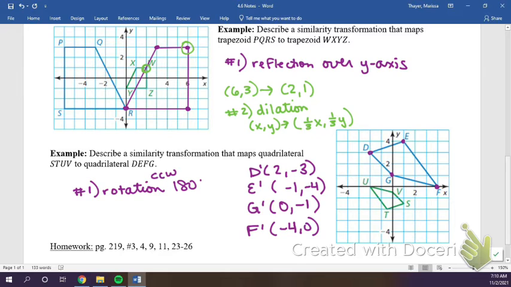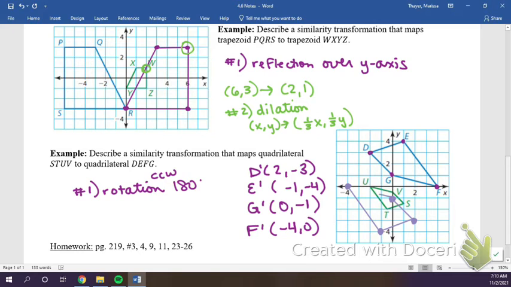So when I go right side up, I'm going to just sketch those points in a light purple color and see if it's truly a rotation. So (2, -3), (-1, -4), (0, -1), and (-4, 0).